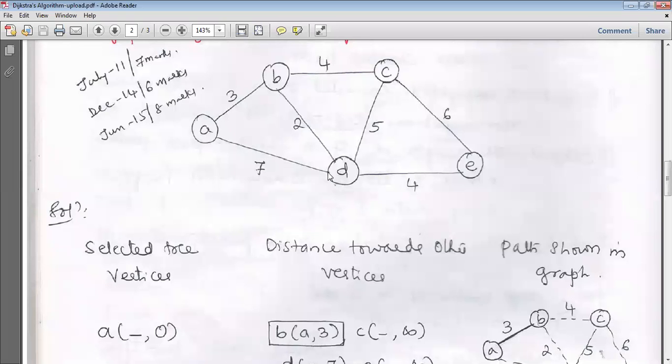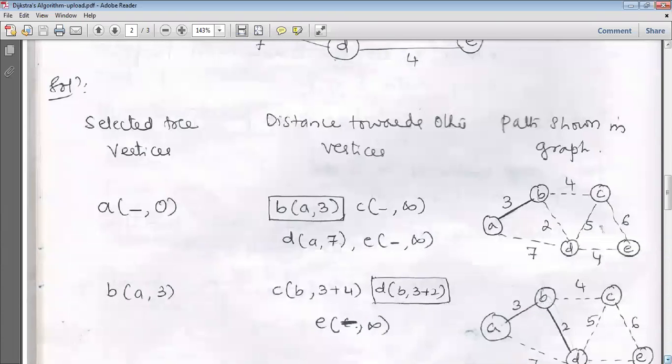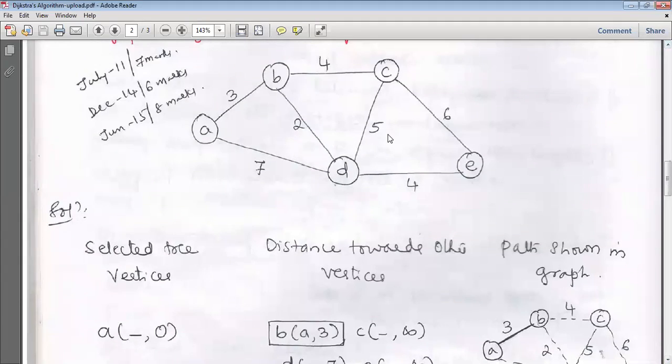So in this step, to reach D from B, we have A to B is 3, B to D is 2. See here, 2 ways are there. From A also I can reach D, because already we have considered the vertex A, and even from B we can reach D.